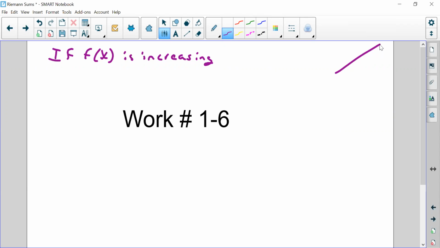Underestimation. So let's say I have it like this, my left endpoints would look like this. So that's going to be an underestimation. So L sub n is an underestimate.